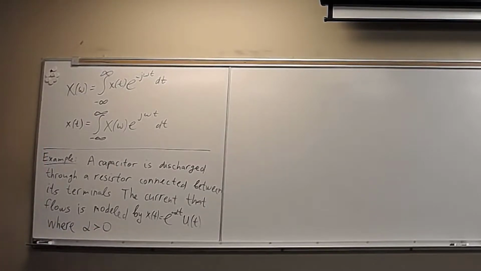Okay, so you have a capacitor, and you discharge the capacitor by connecting a resistor in parallel to the terminals of the capacitor, and the current which flows is modeled by an exponent times a step function.